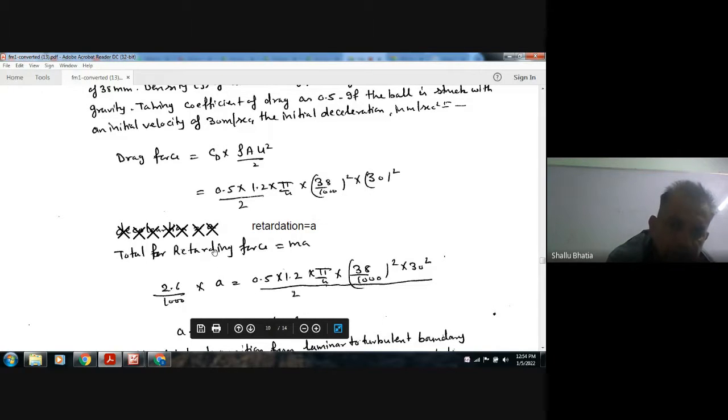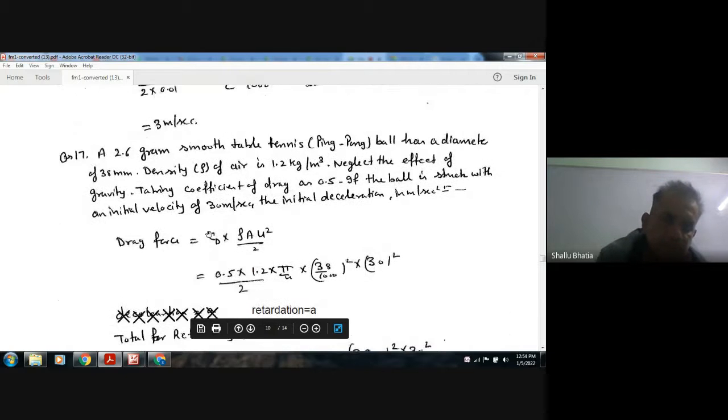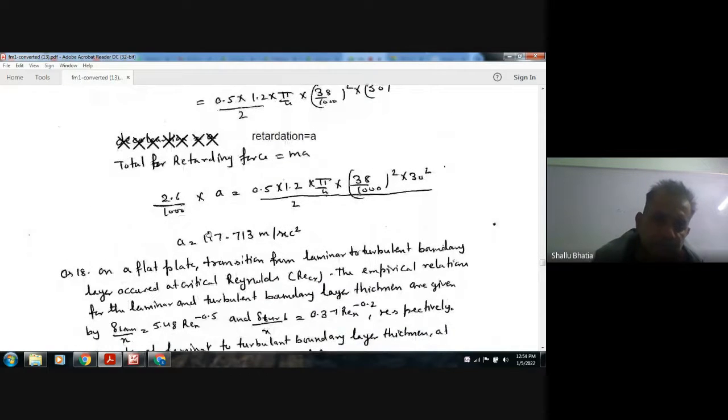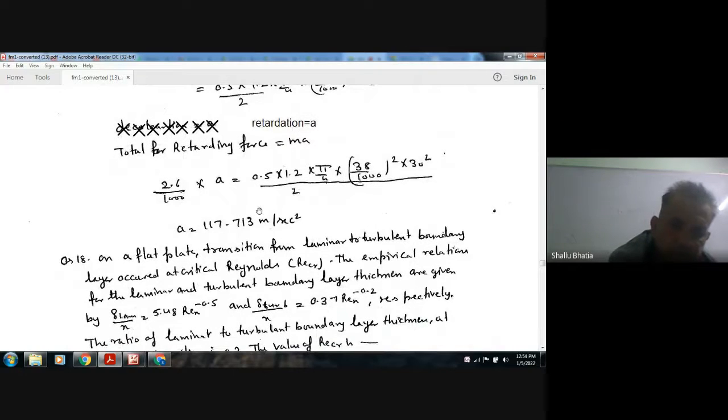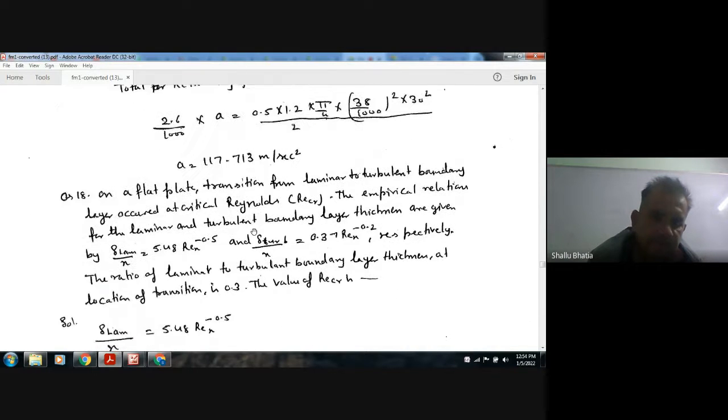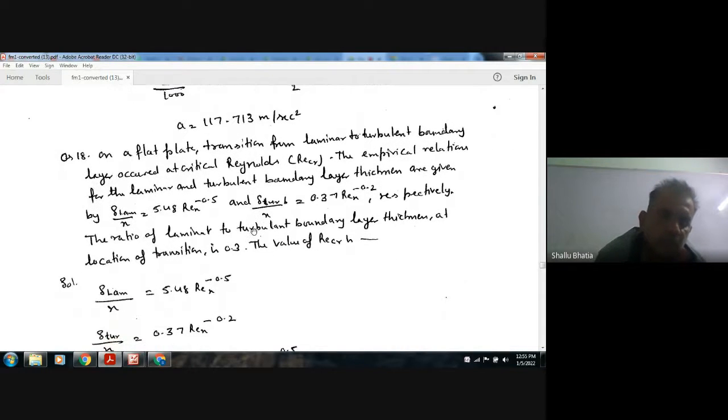Here m is the mass, 2.6 gram or 2.6 by 1,000 kilogram. So by putting the values you get a equal to 117.713 meter per second square.